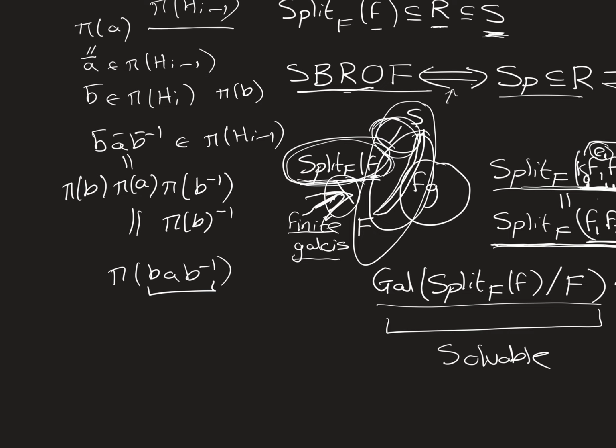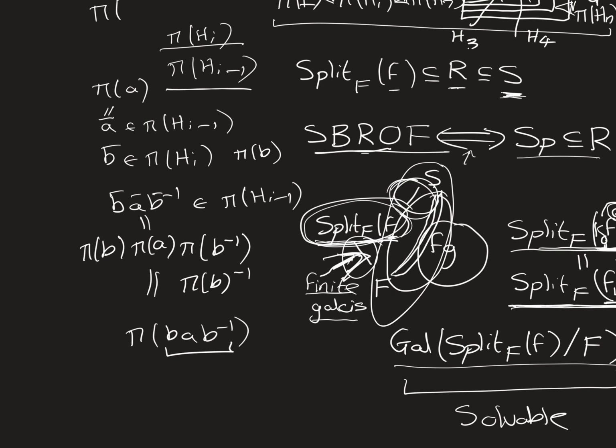Okay, fine. We need to say that if A bar is in pi of Hi minus 1, then A is going to be in Hi minus 1. So A is an element of Hi minus 1. Similarly, because B bar is an element of the image of Hi under pi, that will imply that B is an element of Hi.